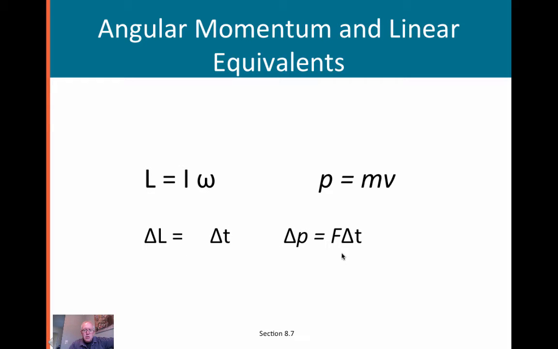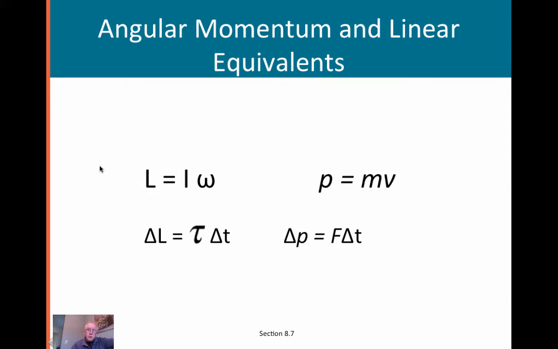Well, let's see. Do you remember what the force equivalent was in rotational motion, angular motion? If you said torque, you are right on the money. So here, the change in L, and again, L is the angular momentum, is equal to the torque times the change in time. All right, so that's the idea.